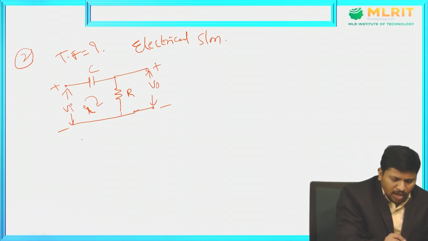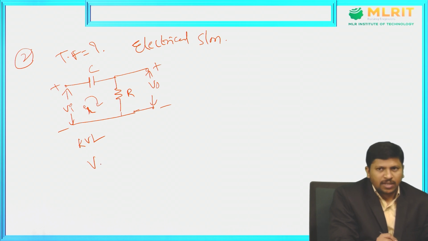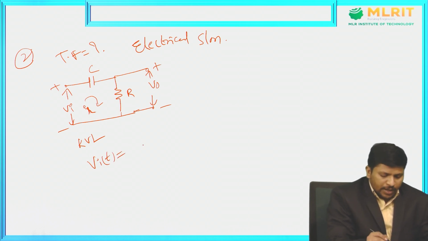After applying the KVL, we write the differential equations. Vi of t equals 1 by C integral I of t into dt plus R into I of t.